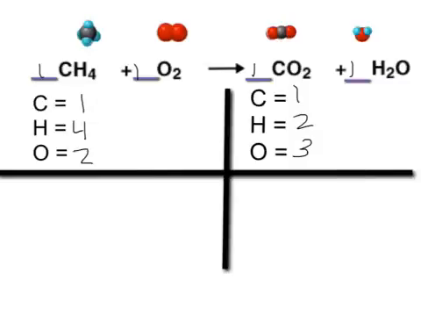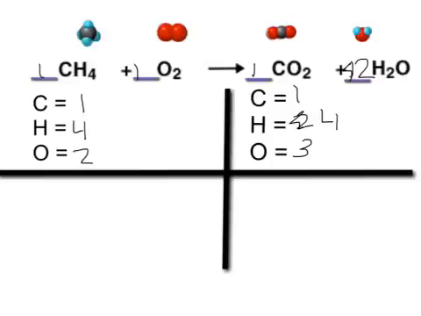So first you want to get the 4 and the 2 to be similar. So in order for that, this H needs to be a 2 or a 4, so you would add a coefficient of 2. So it would be 4 here and 4 there, then those are balanced.